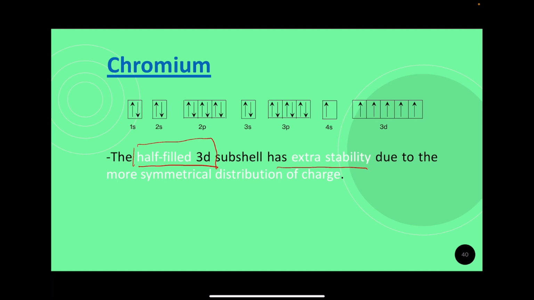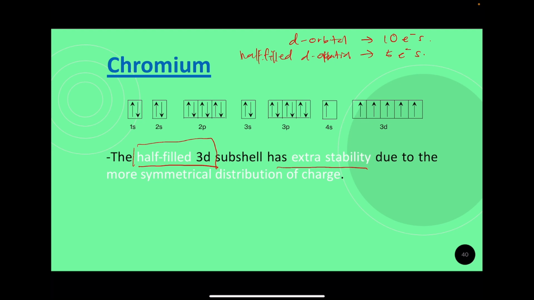What do you mean by half-filled 3d orbital? Remember, the full d orbital holds 10 electrons. Half-filled d orbital means that it has only 5 electrons. So this half-filled orbital will give extra stability to the d orbital.